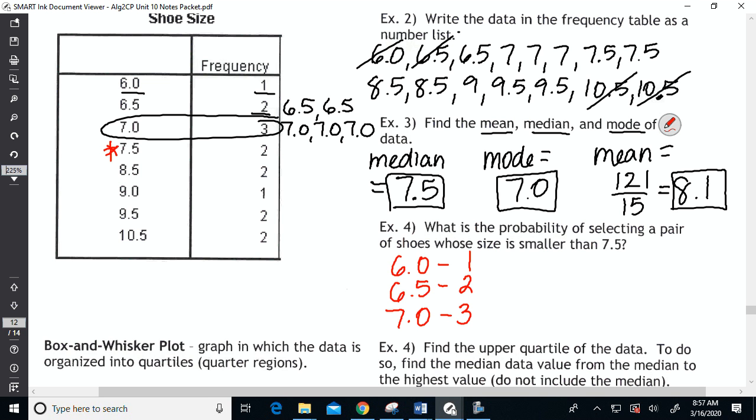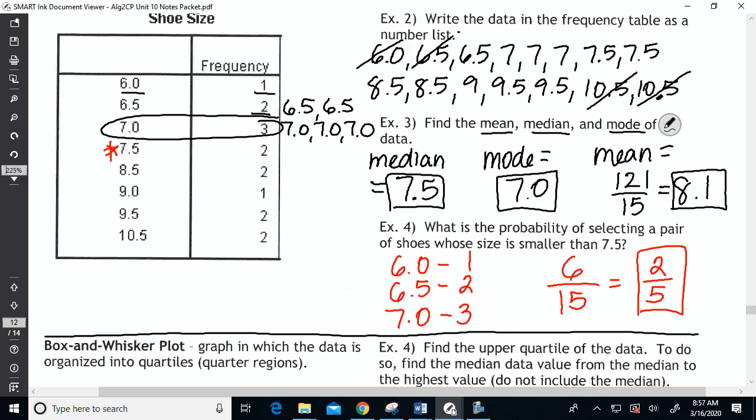You got 6 people with shoe sizes smaller than a 7.5 out of 15. 6 out of 15 is 2 over 5. So a frequency table is just like working with any other table, except frequency means how many times it showed up. Not too much to worry about with regards to that.